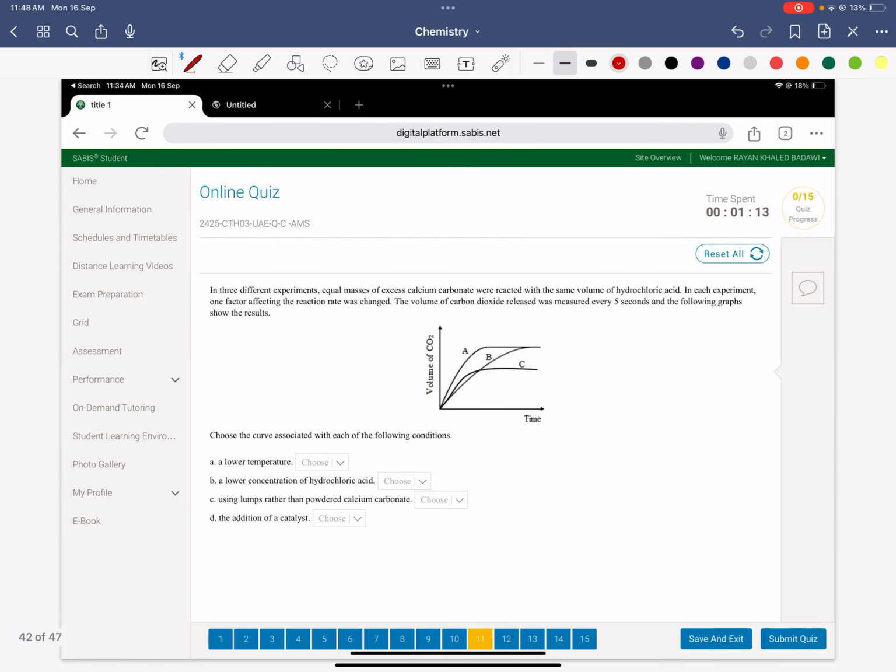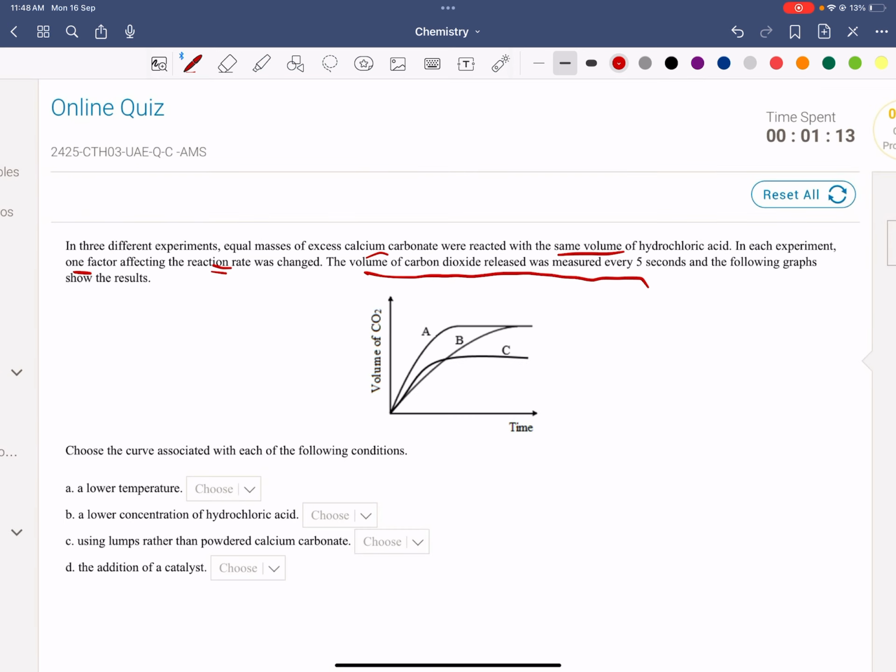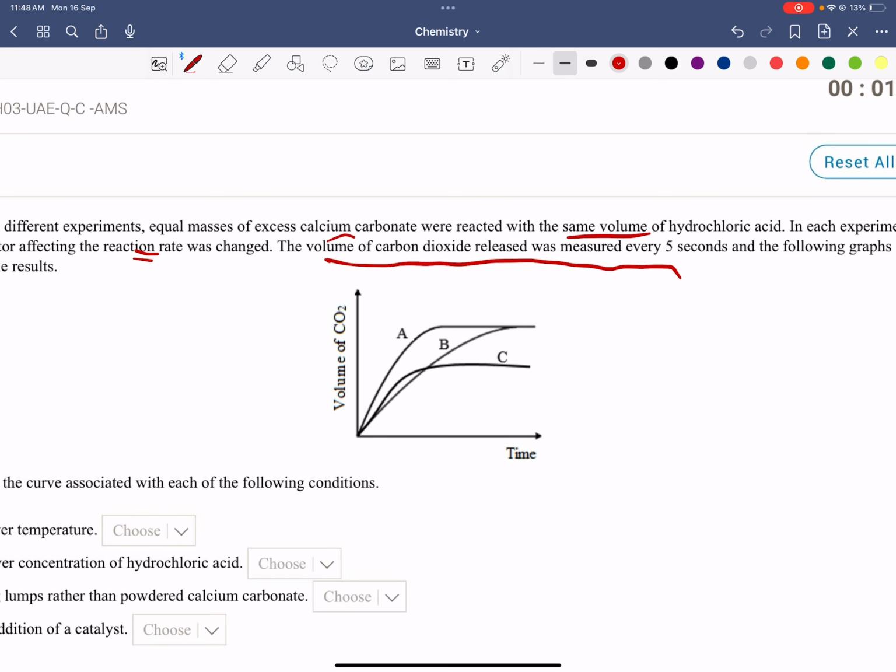Okay, so we have three different experiments. Equal masses of excess calcium carbonate were reacted with the same volume of hydrochloric acid. In each experiment, only one factor affecting the reaction rate was changed, and we were measuring the volume of carbon dioxide released. Before we look at the options, let's just look at the graph. The steeper the slope, the faster the reaction rate. You guys have to know that.